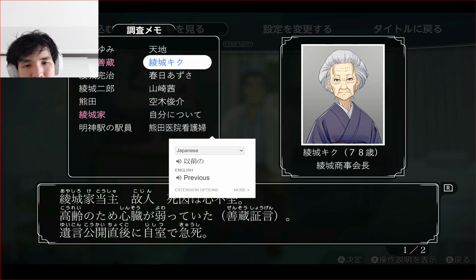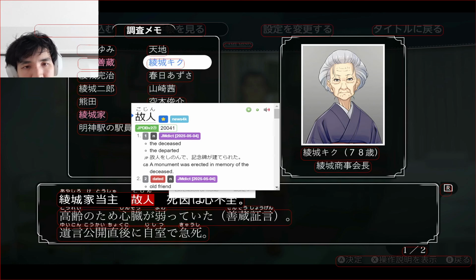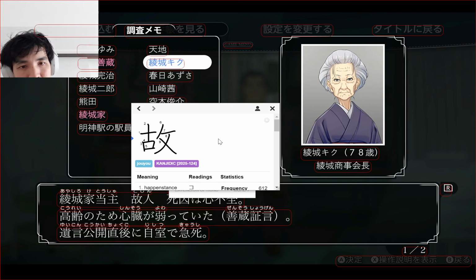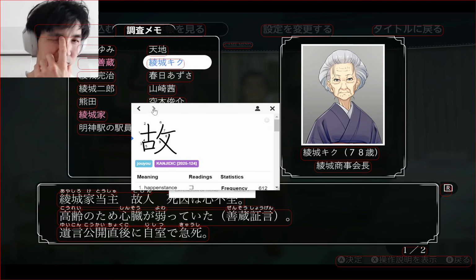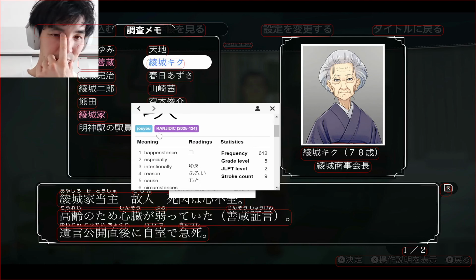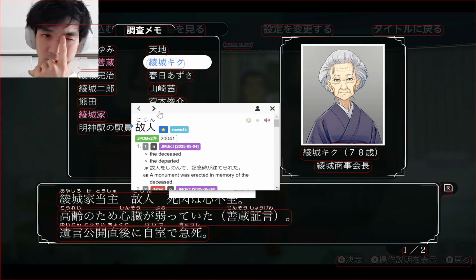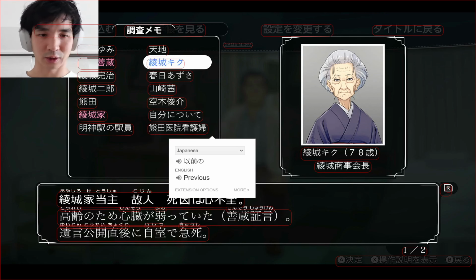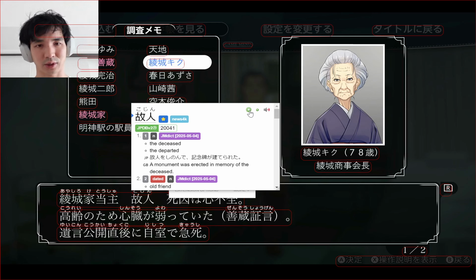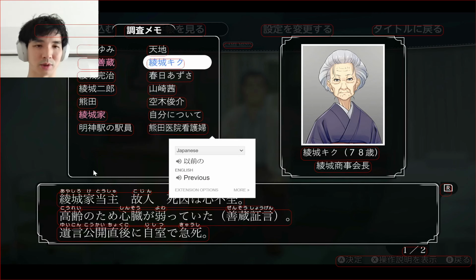Let's do the gojin, the deceased happenstance. Oh, so this is like jiko no ko. Jiko is an accident. And this is the same kanji as ko in that part. So the gojin, I guess, was the person that something bad happened to.